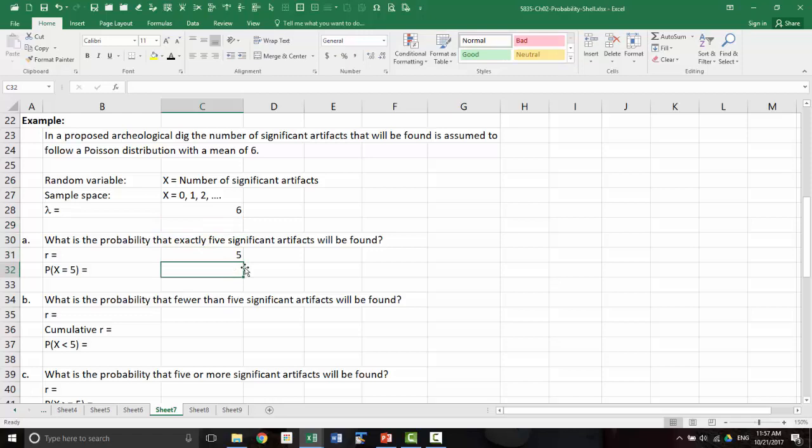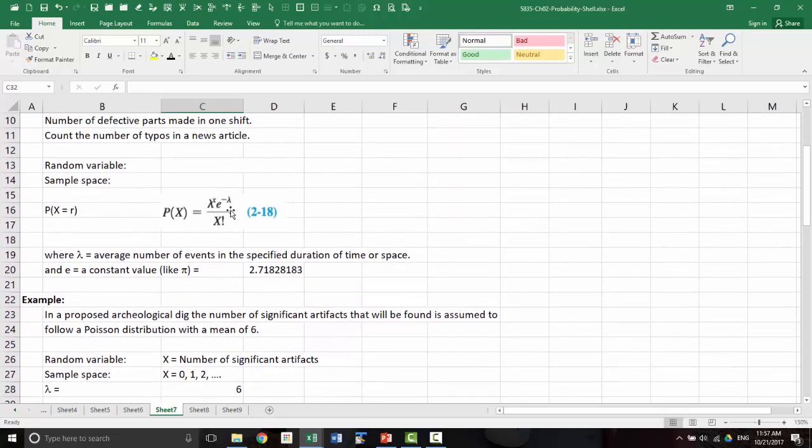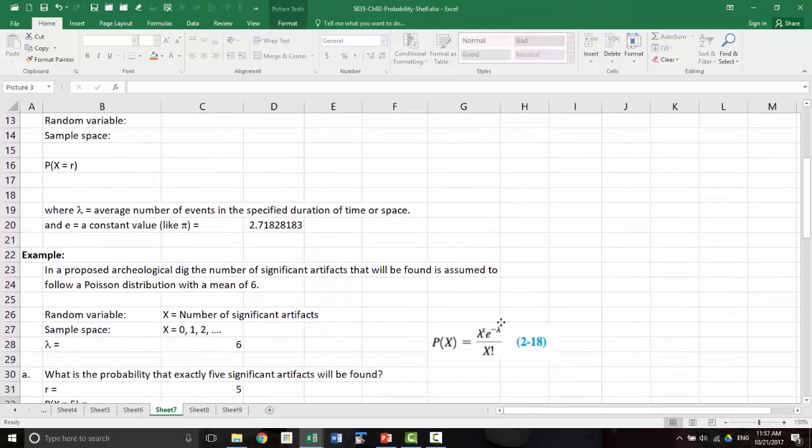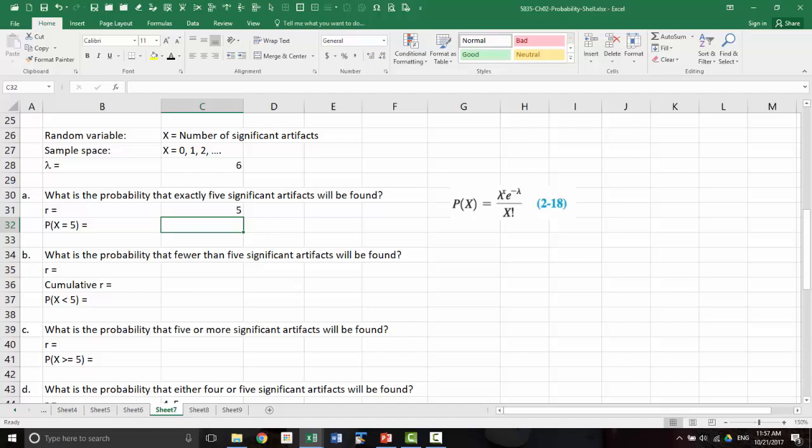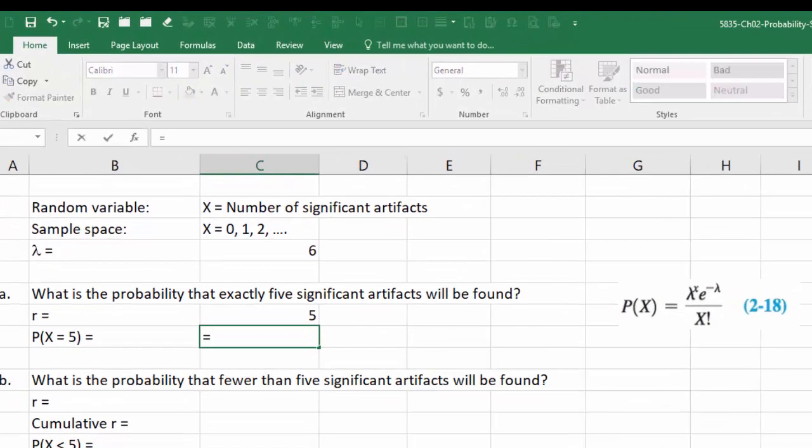So r is 5. Let me move this down here so we can see the formula. Now we're going to set the formula up. It is equal to lambda to the power of x.